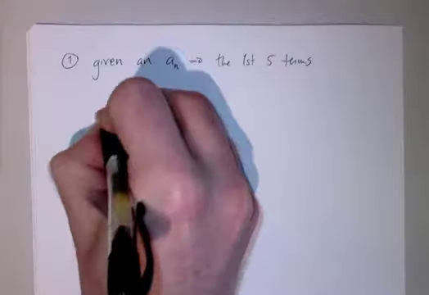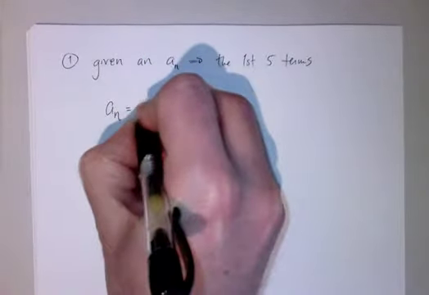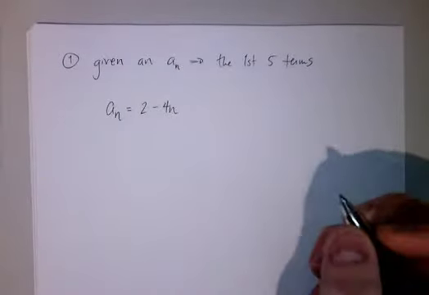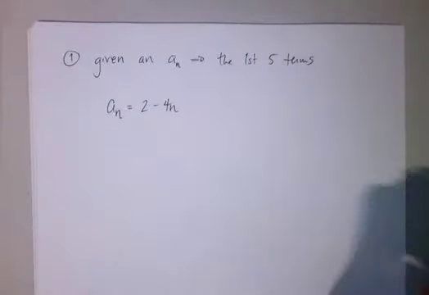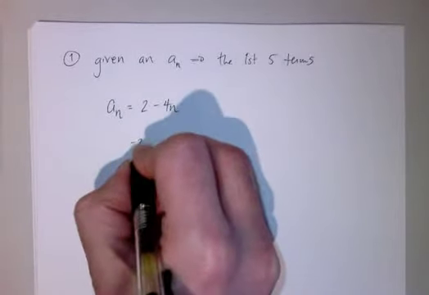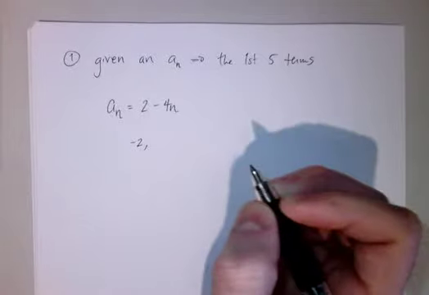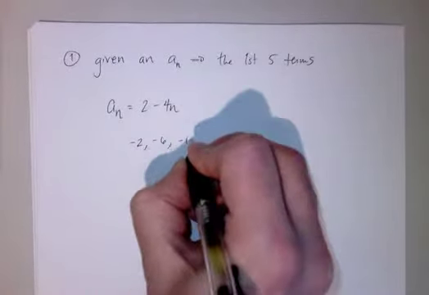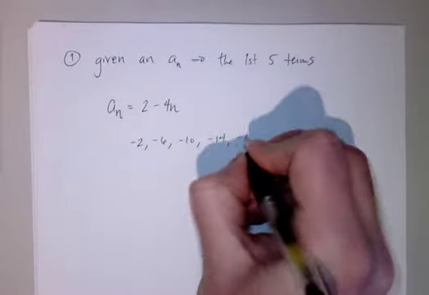So let's say I'm given a sub n is equal to 2 minus 4n, okay? So you just start plugging in 1, 2, 3, 4, 5. You plug in 1, and that's 2 minus 4, or negative 2. You plug in 2, and you get 2 minus 8, which is negative 6. And then you start recognizing the pattern, and you can go ahead and do this.